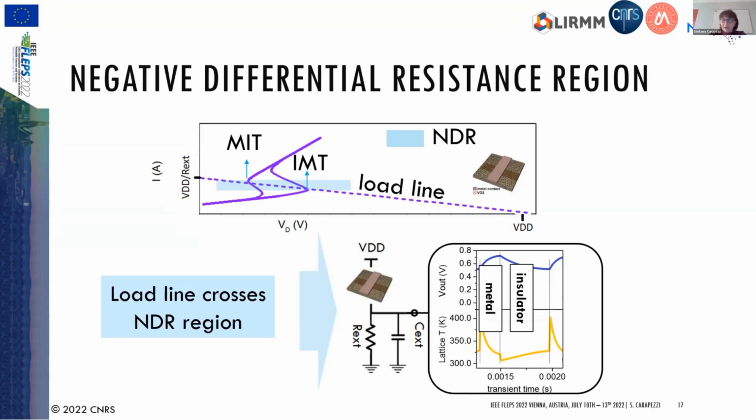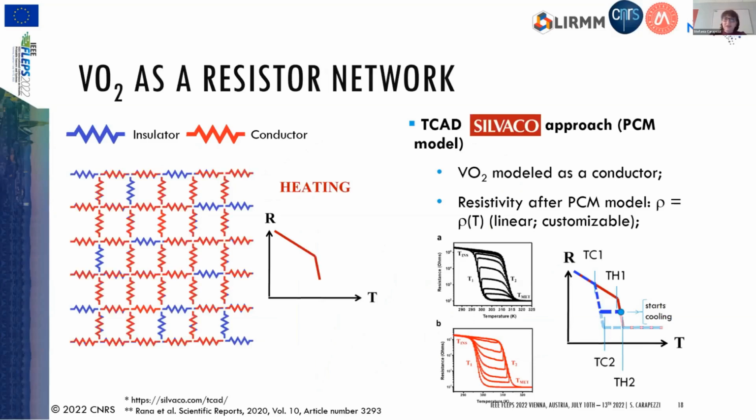So you have realized, as I mentioned in the beginning, a very compact and scalable oscillator, essentially just using one device. So how to model vanadium dioxide resistive switching in TCAD? This has been implemented by a partner, Silvaco, in the NeuroMorphic project in which I'm currently working. They treated vanadium dioxide as a resistor network.